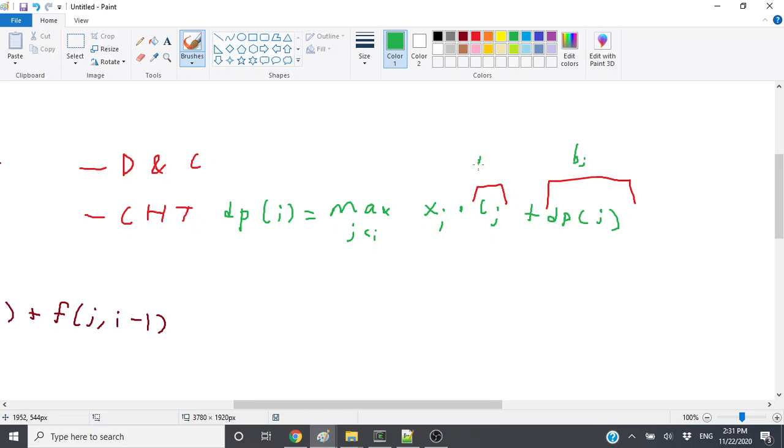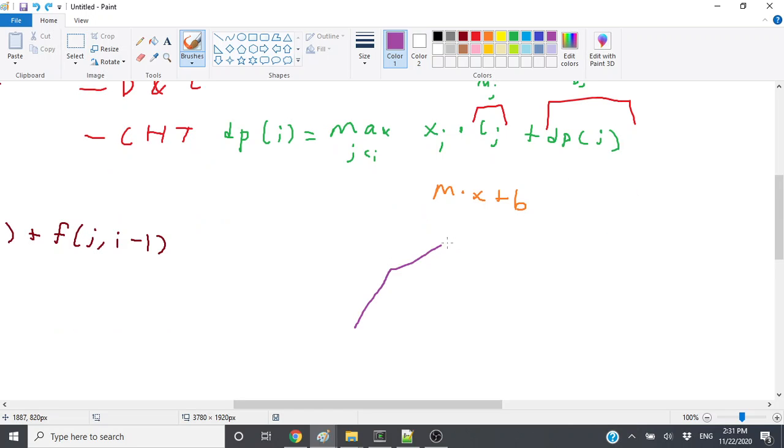And then if you think about this like grade school math, this is a line. We have some value x, and we're interested in the equation m times x plus b. And then it's the minimum, or the maximum, of all of these values. So we're optimizing lines here, and that's where the name convex hull trick comes from. It's not that important how it works, as long as you can find code for it.